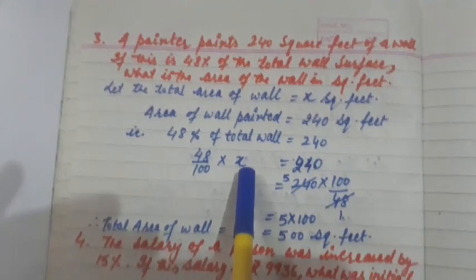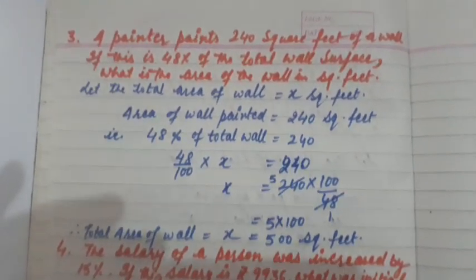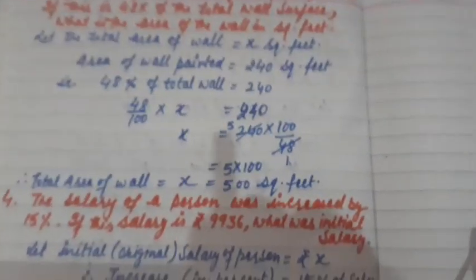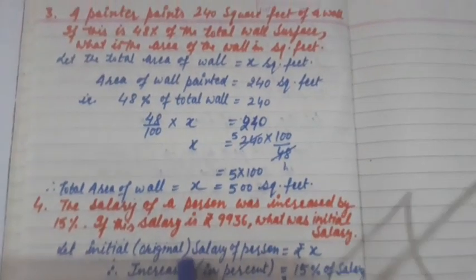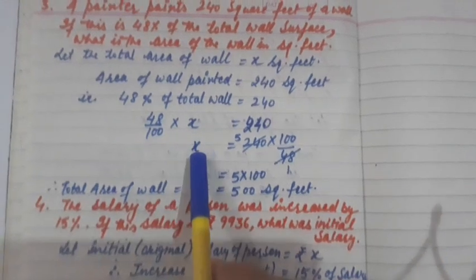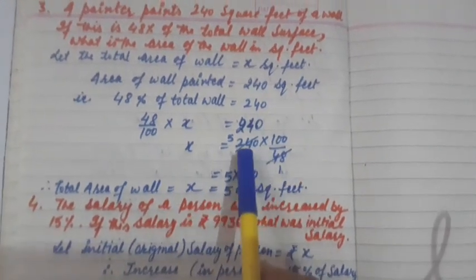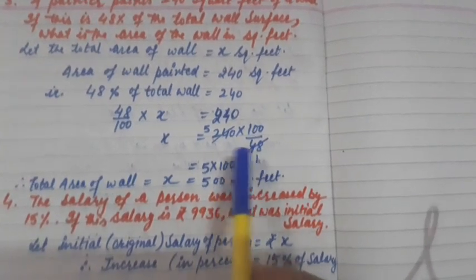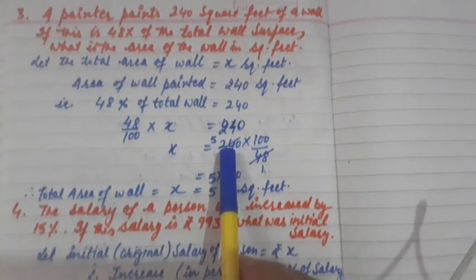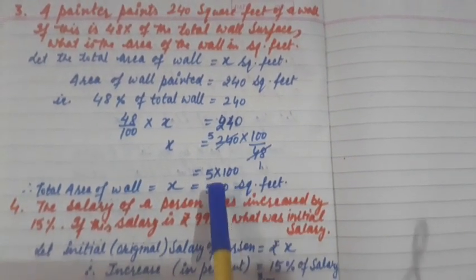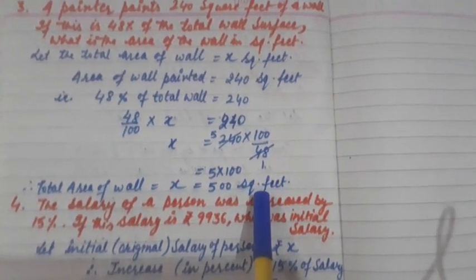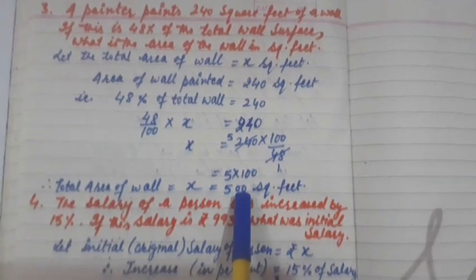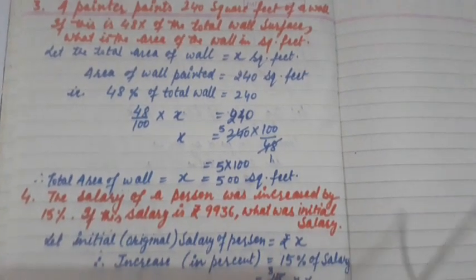So 48 upon 100 into x is equal to 240, and the value of x becomes 240 into 100 upon 48. When we cancel 48, 5 times 48 is 240, so 5 into 100 is equal to 500 square feet. Therefore the total area of the wall, x, is equal to 500 square feet.